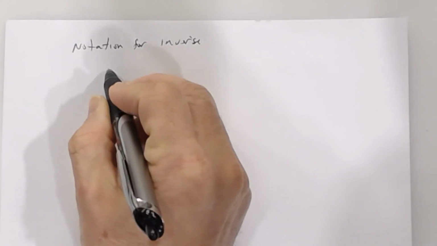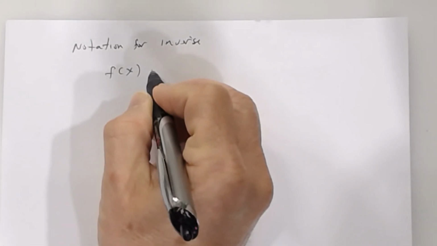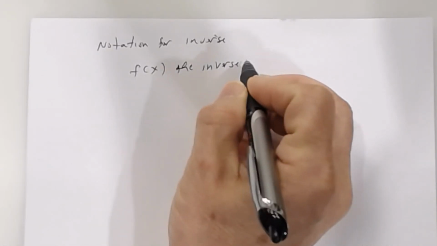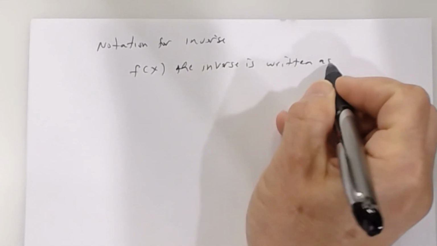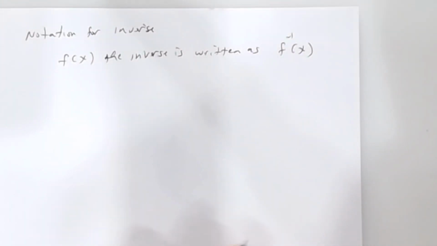All right, so if my original function is f of x, the inverse is written as, now listen carefully. I'm going to write it out, and then we're going to talk about some things that may confuse you. All right, write this.